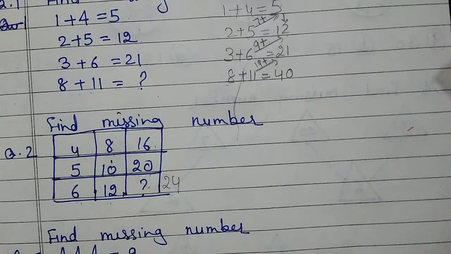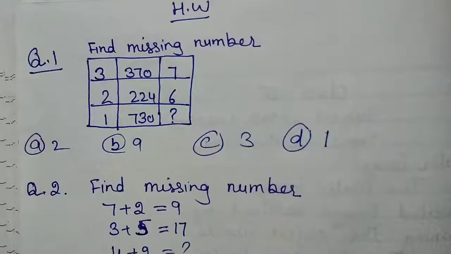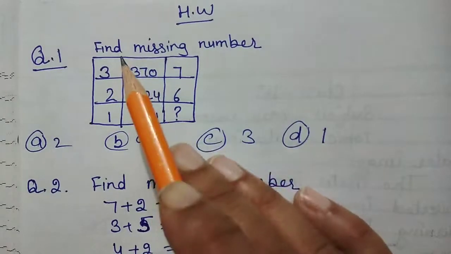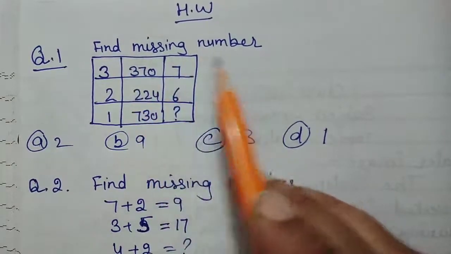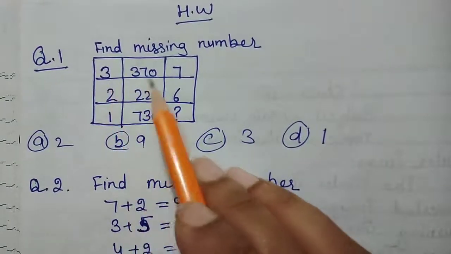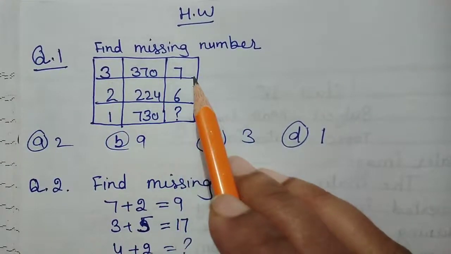Now I am going to assign some questions as homework. Let's see. Beta, the first question of your homework is to find the missing number, and the given table has 3, 3, 7, 7.